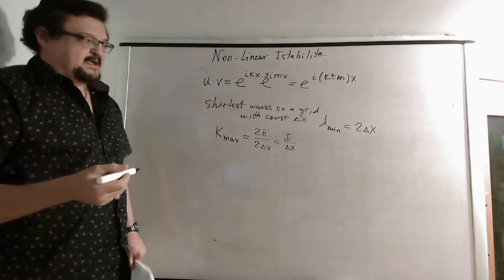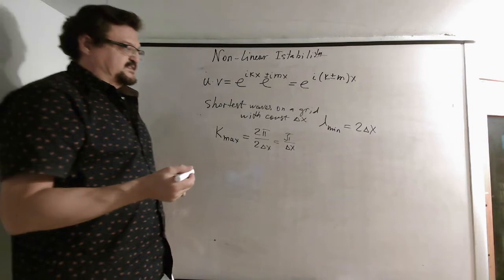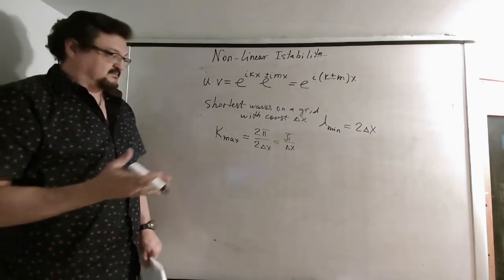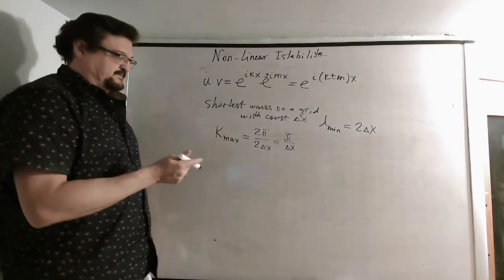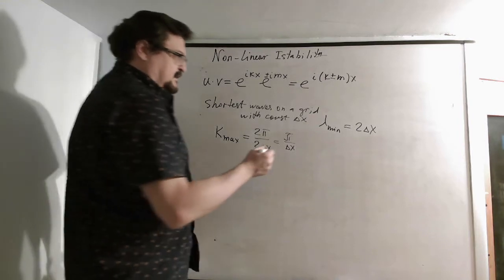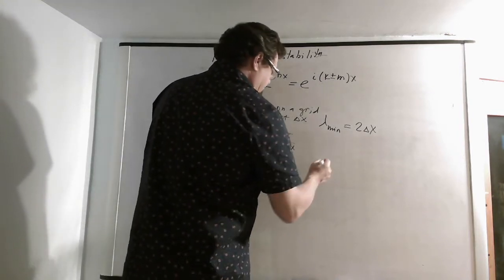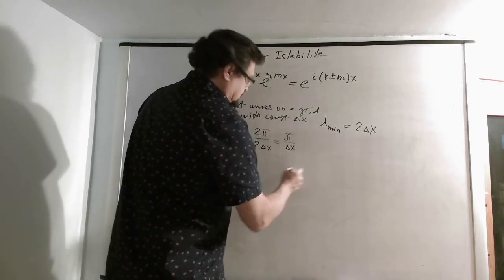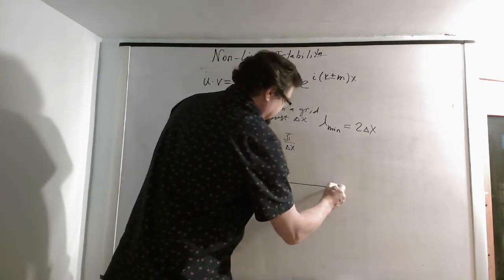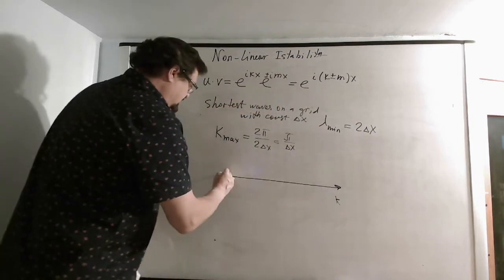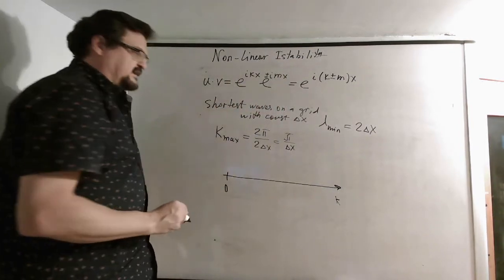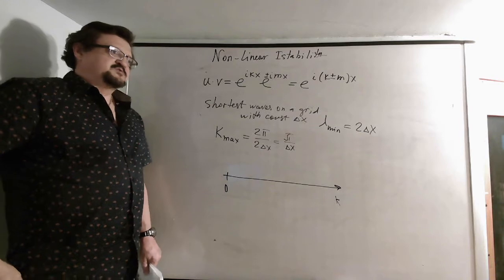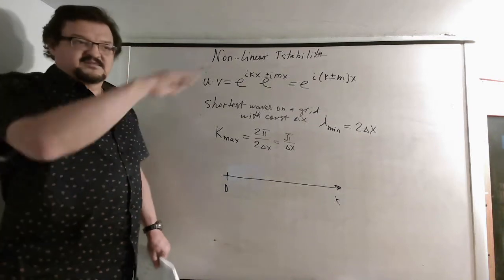So now let's imagine that we have this. Other wave numbers, what are those? So this is our k, and this one is k equal to 0, which means just the grid mean.